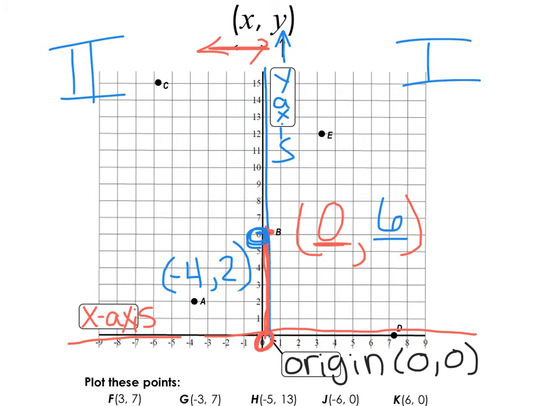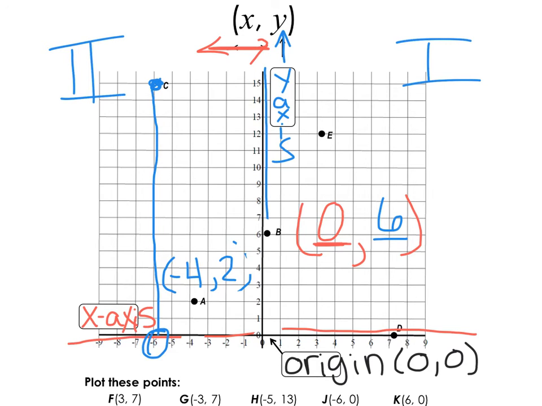Okay, let's try another one. I'm going to erase that so we can see. All right, let's go ahead and do C. So C is right here. And here we are going to check our x value first.